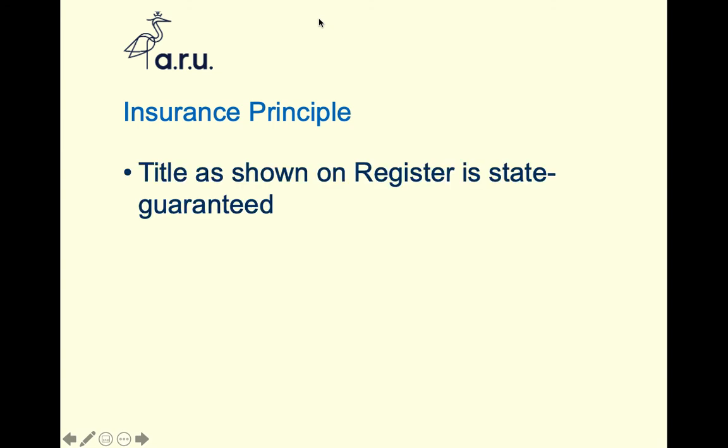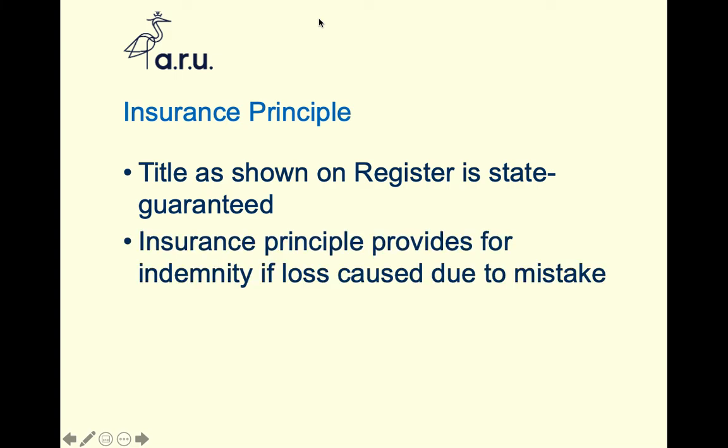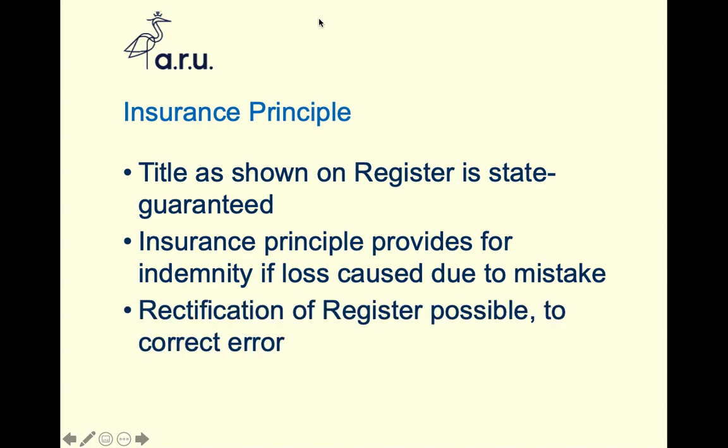So the title is state guaranteed as being truthful and verified by the state, and therefore that if there's been any mistake, that there will be indemnity and it will be the state that is responsible and payment will be provided, so that it's possible then for the rectification of the register will be made right, it will be corrected, and the parties will be recompensed for any losses.